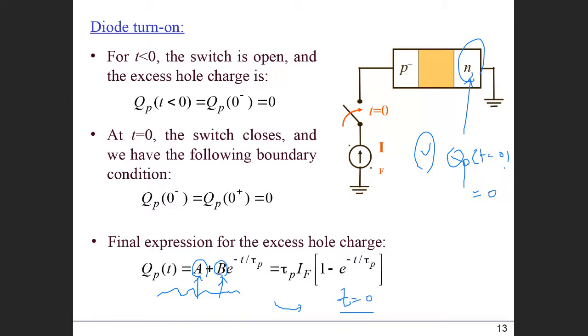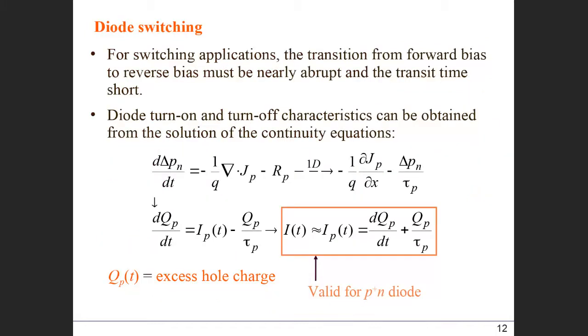The second boundary condition is when t goes to infinity. Your current is going to be saturated at the input current, and your charge also needs to be saturated, so there is no time dependence.